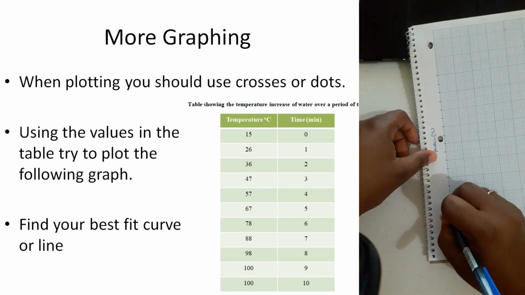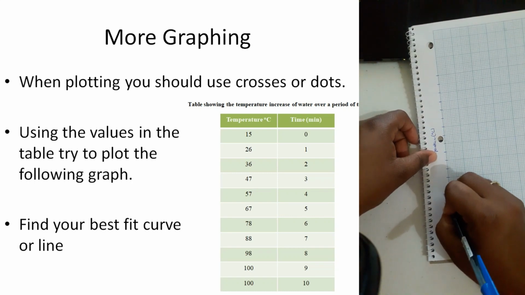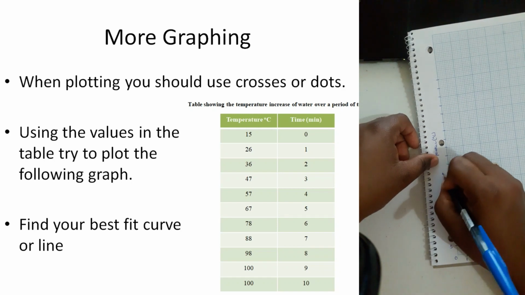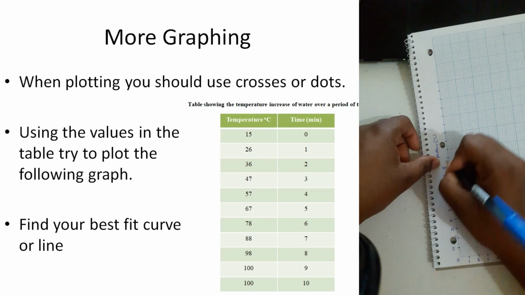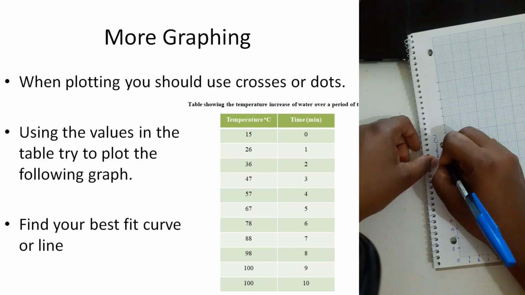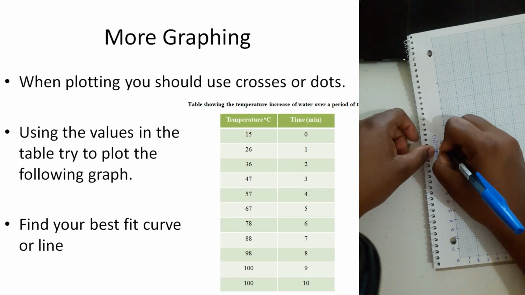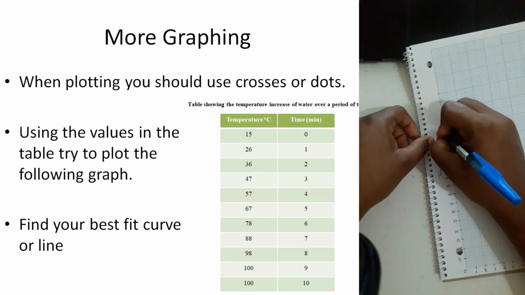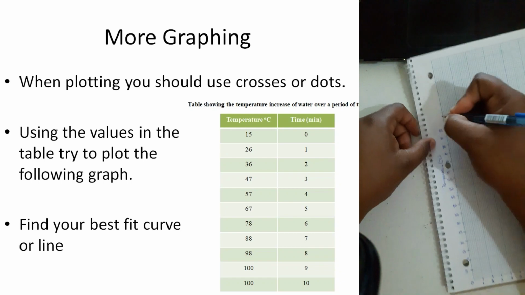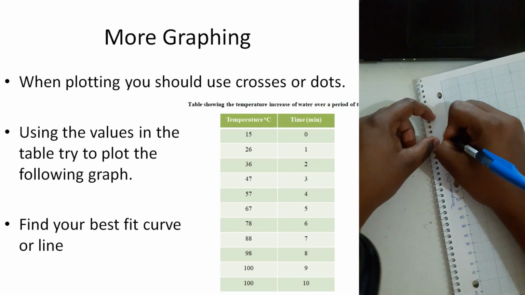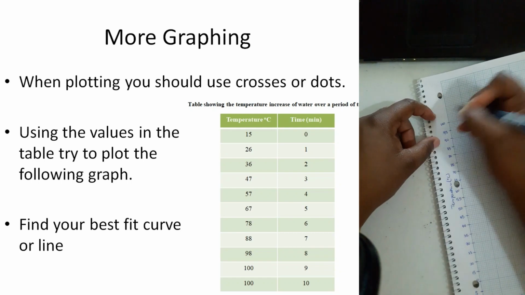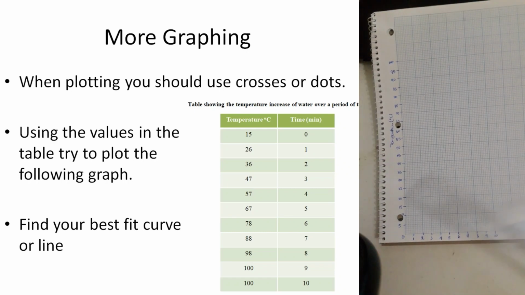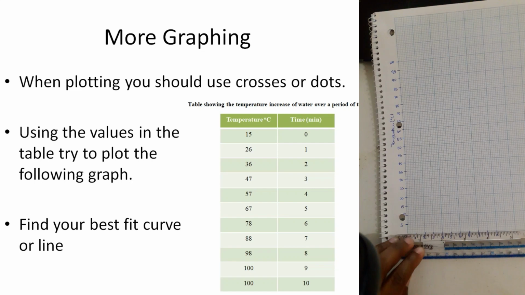So let's continue. 25, 30, 35, 40, 45, 50, 55, 60, 65, 70, 75, 80, 85, 90, 95, 100. Hope that you would have already done that. So let's draw the line.